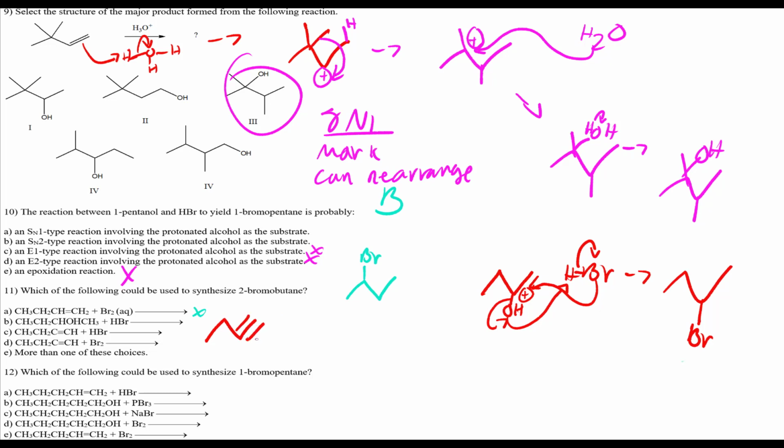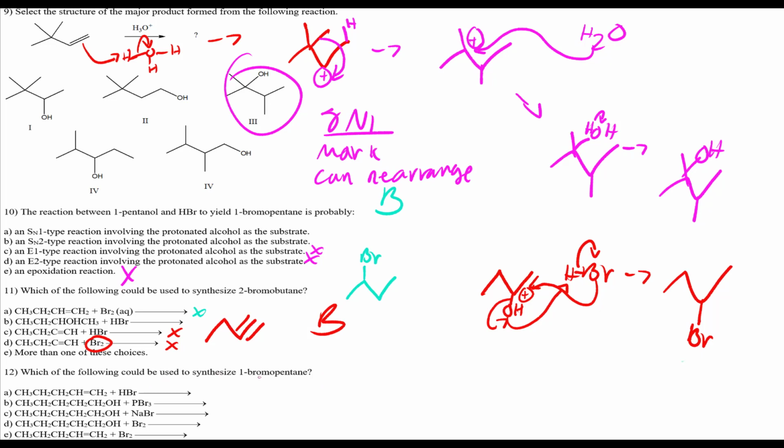So notice that, yeah, it would break one of these bonds, but you would have a double bond. And we do not have an alkene in this product. There's ane, not ene. Okay, ane means that there is only single bonds. So C is wrong because it has a triple bond, and D is automatically wrong because it has a triple bond as well. Also, it would add 2 bromines, so not good. The answer choice would be B.